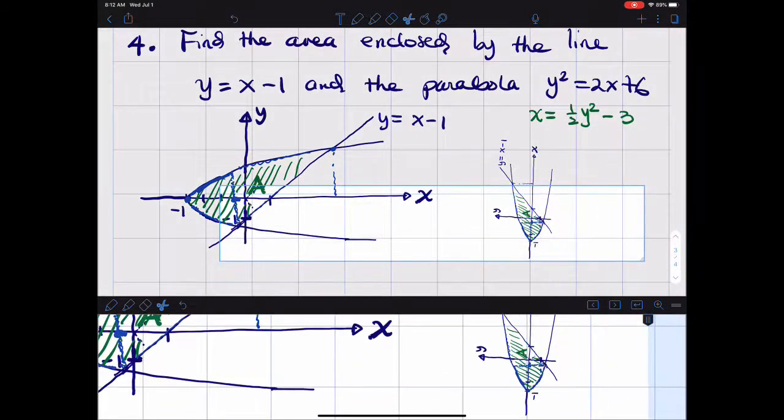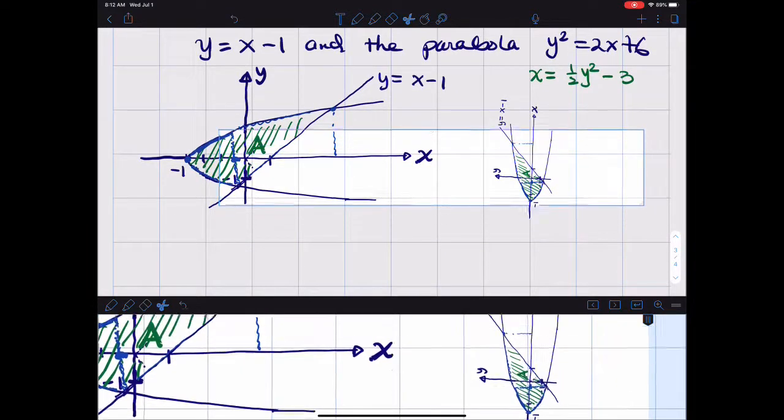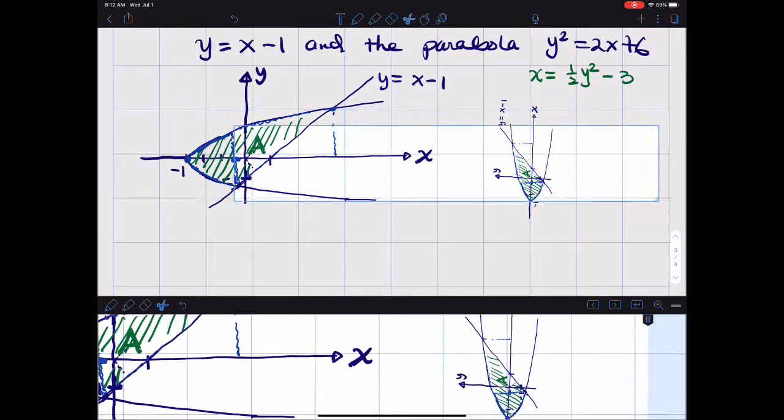If you look at this, this is almost what we want to envision.